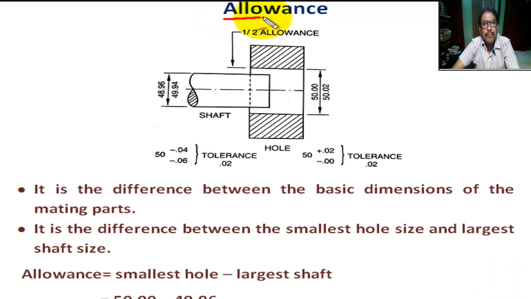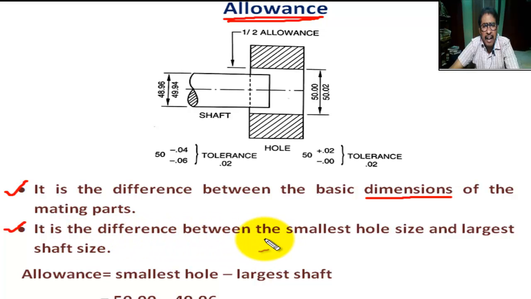Now, what is allowance? Allowance, it is the difference between the basic dimensions of the mating parts. Mating parts means hole and shaft.